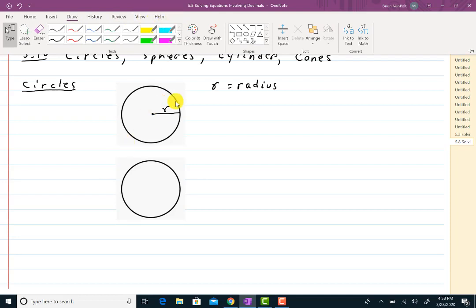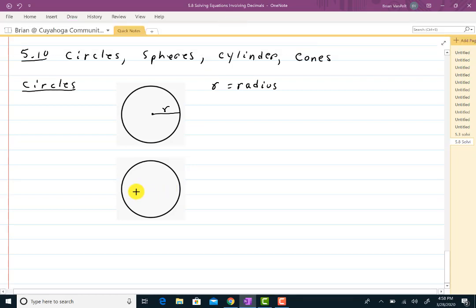I probably do. Let's try this one here. Of course, I didn't make it long enough for me. Okay, I can live with that. This would be the diameter, which goes all the way across. So d equals the diameter.